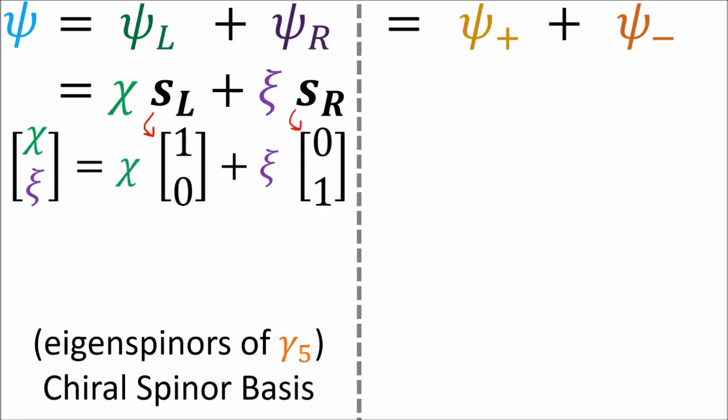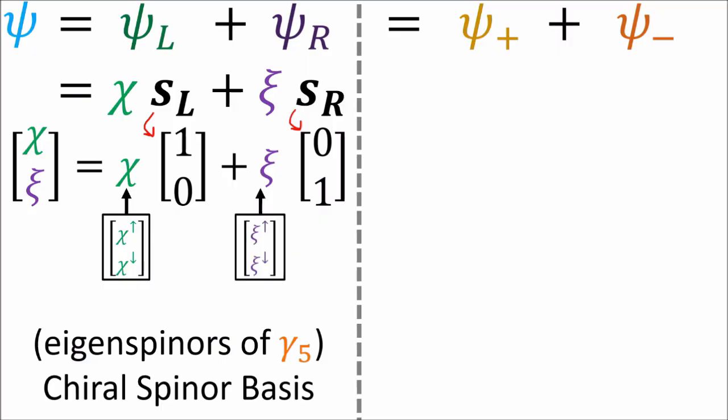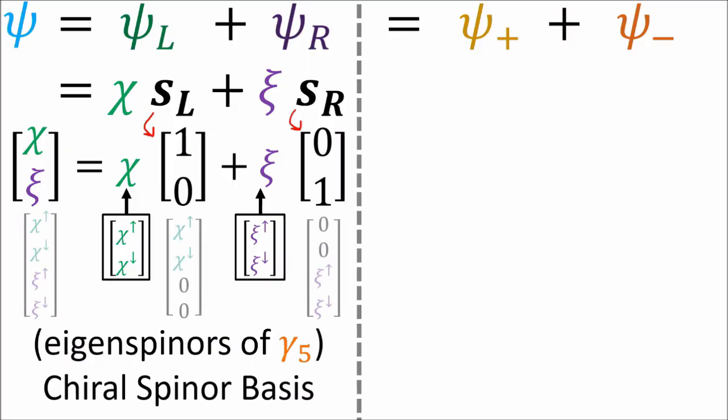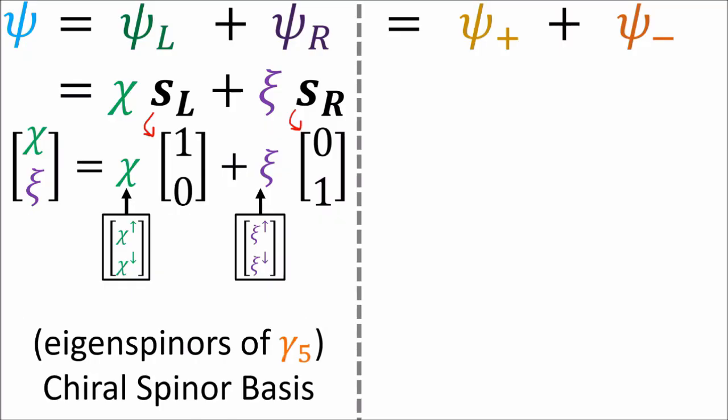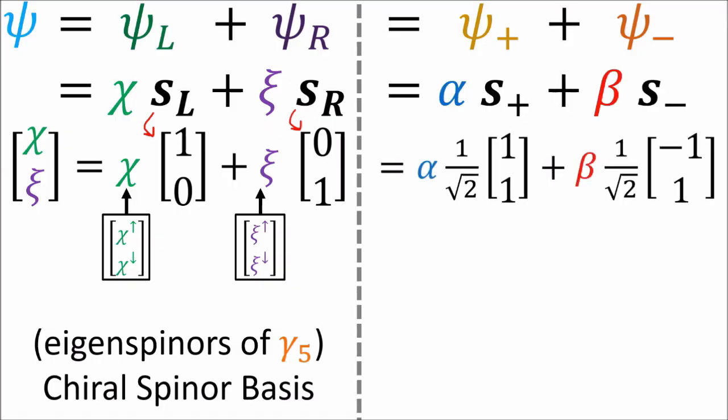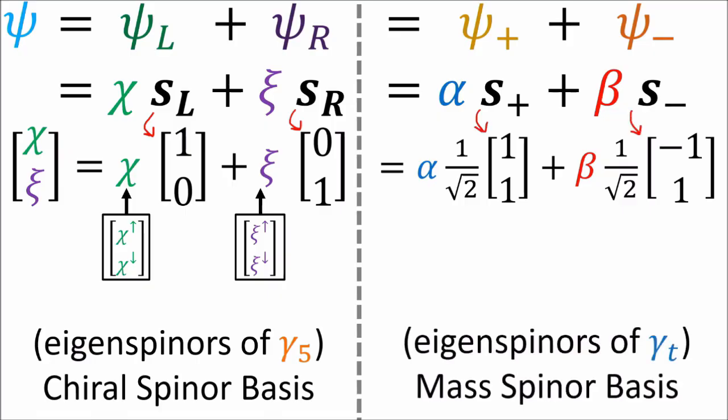Although keep in mind both chi and psi are two-component Weyl spinors, with the two components representing the spin up and spin down states. So these are really four-component Dirac spinors, but we're writing them in this compressed notation for convenience. The plus-minus decomposition can be thought of as linear combinations of these two basis spinors, which are eigenspinors of gamma t. This is the mass basis.